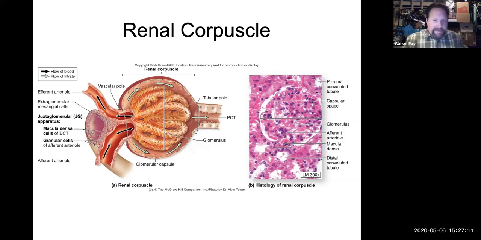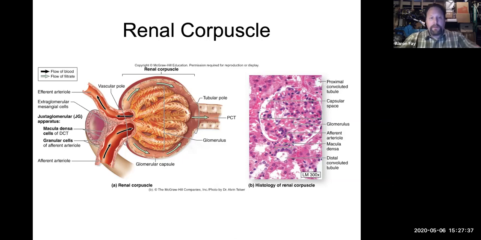Think about 180 liters of blood a day. That's like 100 of these things. We don't urinate 180 liters a day. We'd be constantly urinating all the time. We would never stop. But that volume of blood is being filtered every single day here in the renal corpuscle. So the vast majority of that water is going to get reabsorbed primarily through the proximal convoluted tubule.